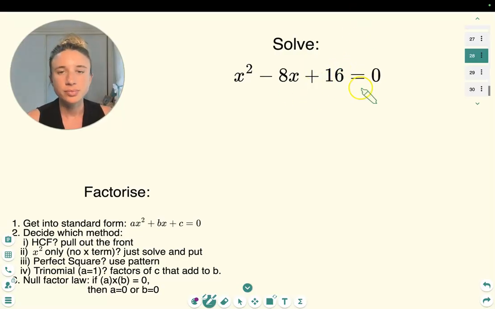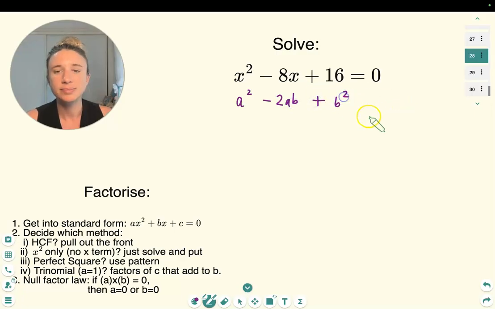So, if that is the case, I want to check if it's a perfect square. So I can say a squared take 2ab plus b squared, and I know that that factorizes to a take b squared.